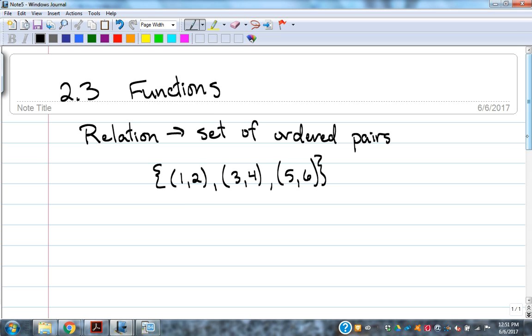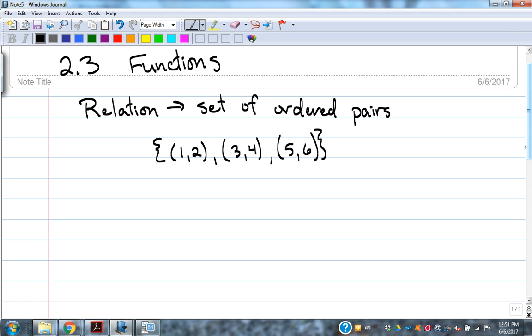That's a relation. Okay. Inside of every relation, there's things called a domain, and there's things called a range. The domain of the relation is the set of x's, all the x values. So that's curly brace, the x values, 1, 3, 5.